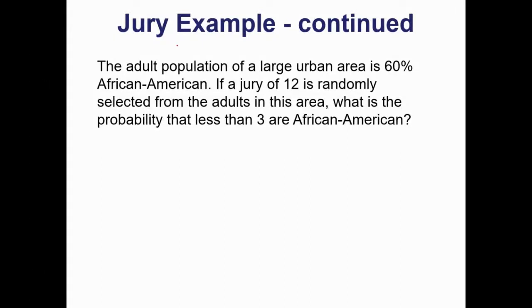The binomial distribution says that the probability that big X is equal to little x is equal to n choose x, times the probability of success to the x power, times the probability of failure to the n minus x.